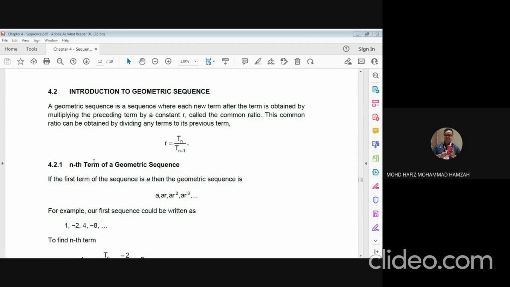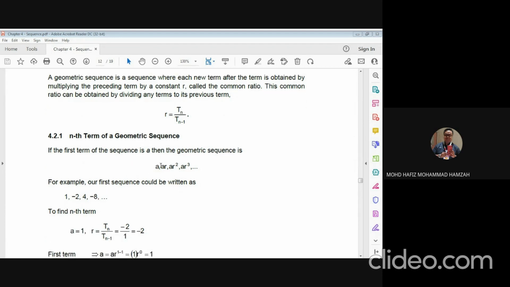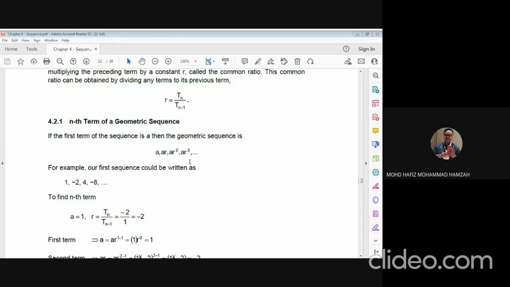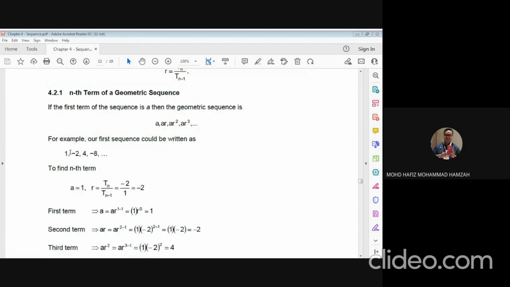Okay, and then the nth term of geometric sequence is written like this. Yang pertama, term pertama masih A. Term yang kedua A darab R, term kedua AR, and term ketiga AR squared. So for example, we have 1, minus 2, 4 and minus 8. Your first term is 1, and then common ratio dia adalah negative 2 over 1, so you dapat negative 2.